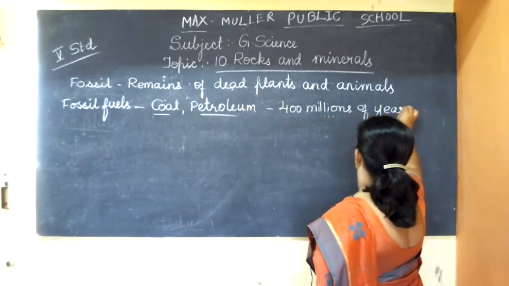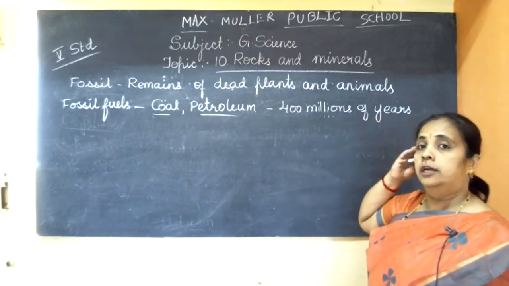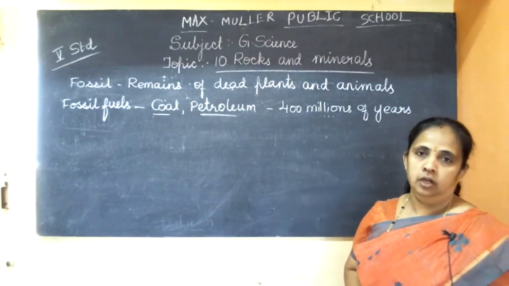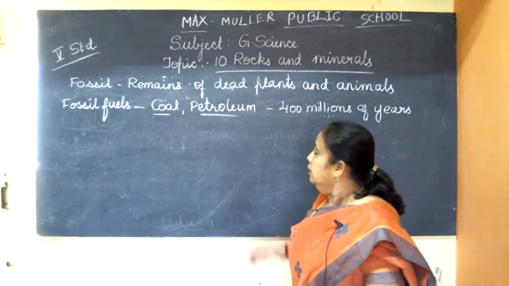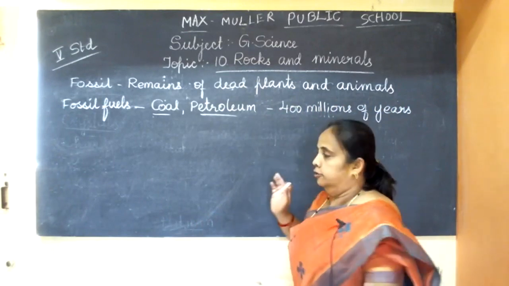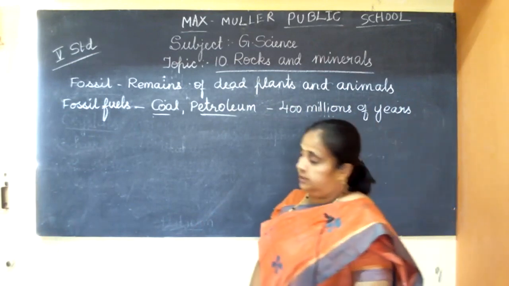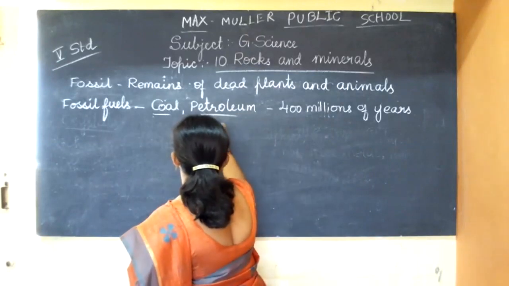Imagine the coal or the petrol that we are using now, it was formed 400 million years ago. You can understand how valuable it is. And this is one of the non-renewable resources.